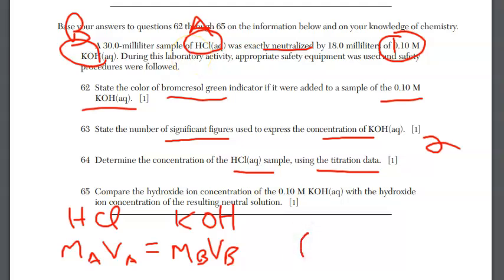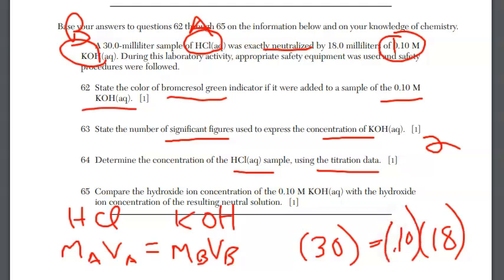Well, 30 mL, and you don't have to put the units, but that's on the acid side, was exactly neutralized by 18 milliliters. All right, so we have our 18 milliliters of 0.10 molar KOH, and we're looking to figure out the concentration of the HCl, which is the molarity of the acid.